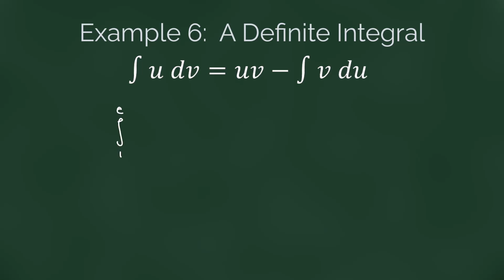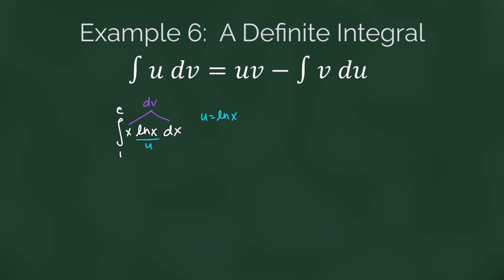For our final example, we'll do a definite integral using integration by parts. So let's evaluate the integral from 1 to e of x ln x dx. We're going to let u be ln x and x dx be dv. This is a little different than what we've done prior to this. We're not choosing the first thing as our u and the second thing as our dv.